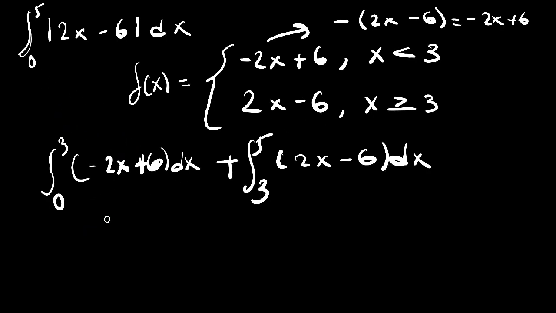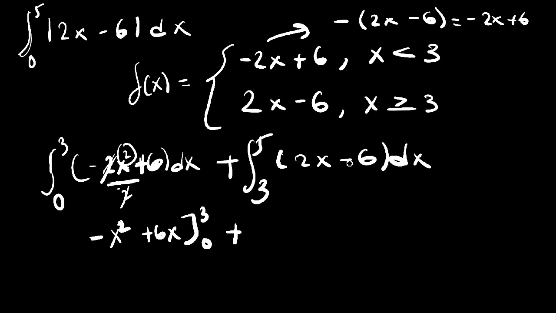Now let's do this one. This would be negative x squared, because it raises the power by 1 and you divide by 2, so the 2s cancel out, plus 6x from 0 to 3.